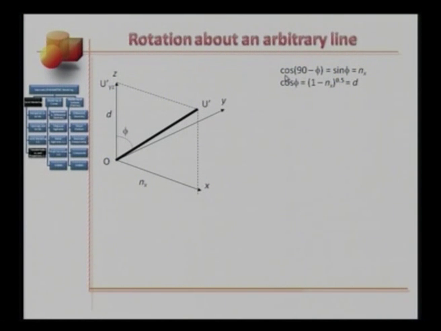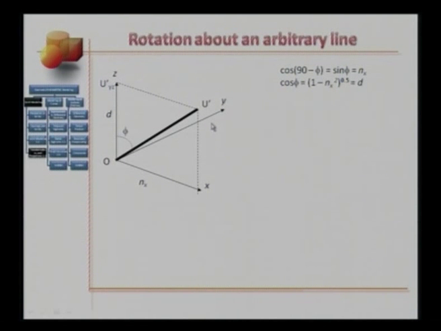In other words, cosine of 90 minus phi equals sine of phi, which is nx, and cosine of phi will be the square root of 1 minus nx squared, which is d. Well, once we have the cosine phi and the sine phi terms, all we need to do is to construct a rotation matrix about the y-axis.